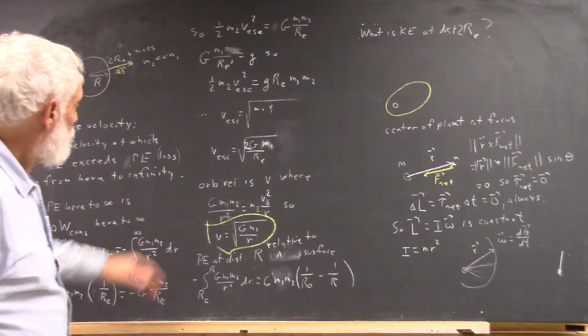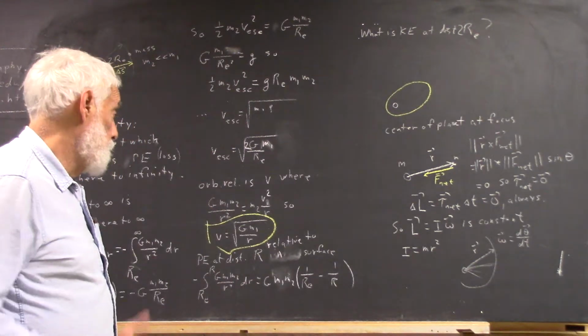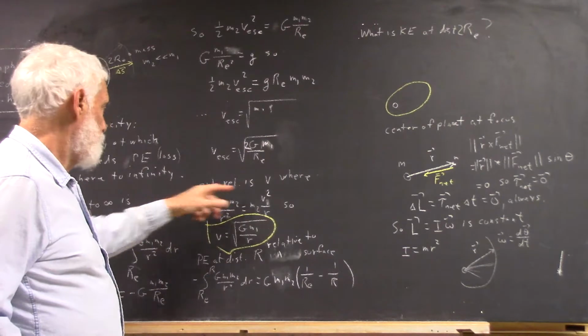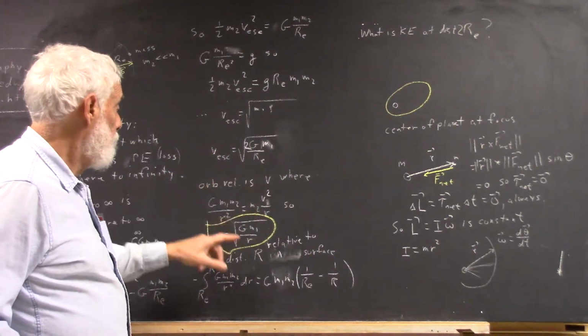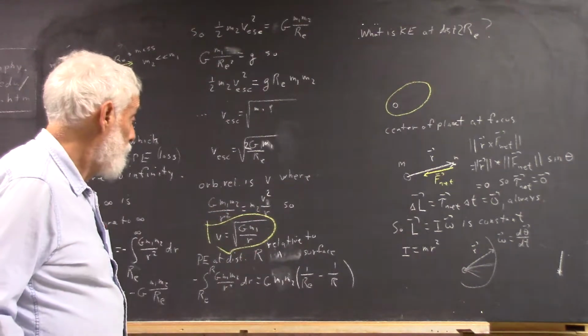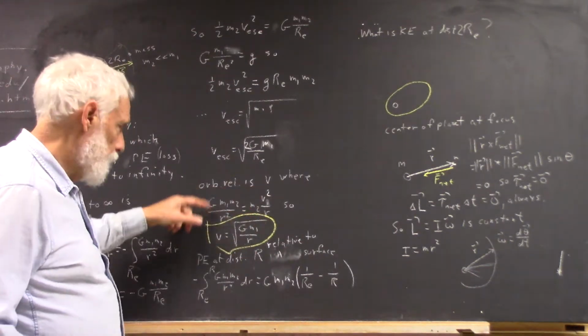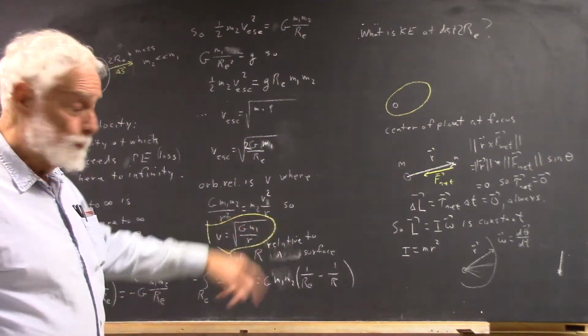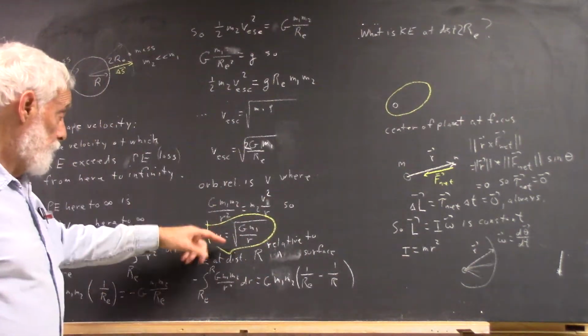So, what then is our orbital velocity? Well, orbital velocity is the V where the centripetal force equals the gravitational force. That's centripetal force on this side, gravitational force on this side. Solve this for V and we get this. Now we've done this previously, so I'm not going to redo it.